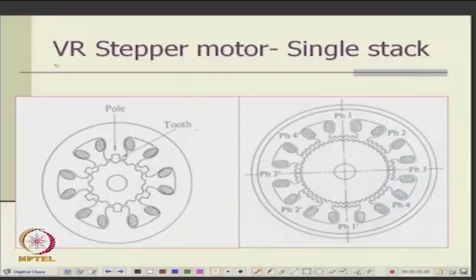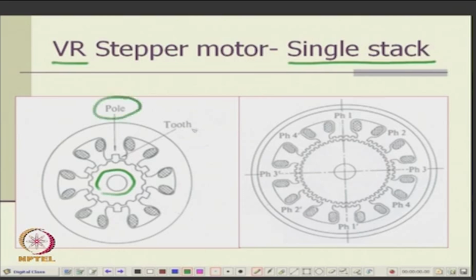Now, there is a VR stepper motor, this is single stack. This is a variable reluctance motor, and single stack. You can see here is also made a claw here, there is a pole here, and the tooth here. So, this is one stack, single stack.